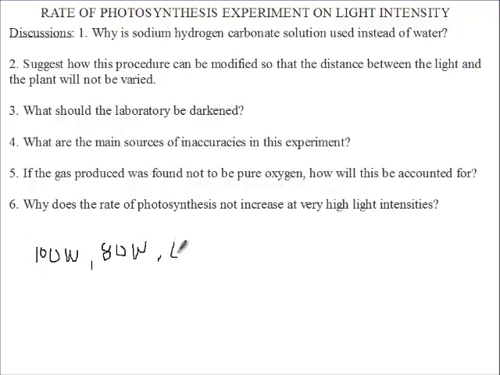Then we can reduce to 60 watts at the same distance. Okay, so the change in distance reduces the light intensity. But over here, we can change the power of the light instead.